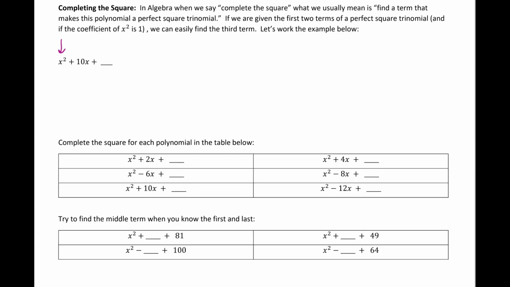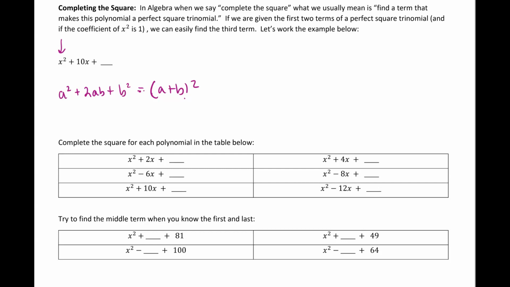So I'm working with 1x squared, not like 4x squared, for example. So if we go back to that structure, I'm going to use addition. We said a squared plus 2ab plus b squared, and that's the same as, in factored form, (a plus b) squared.